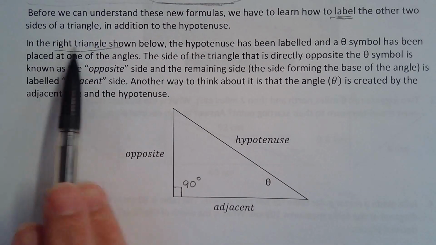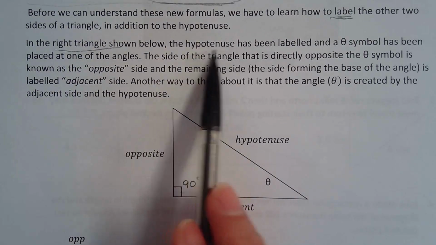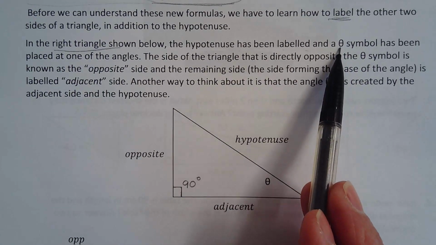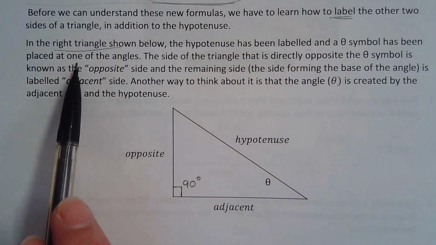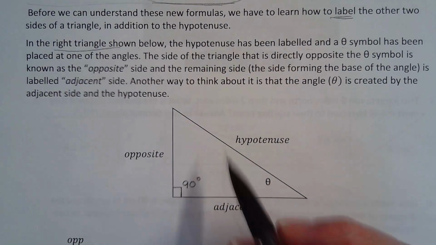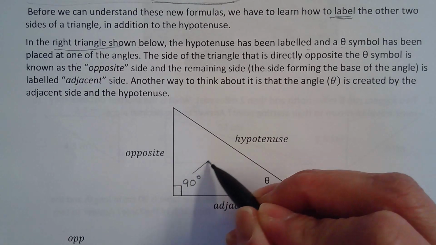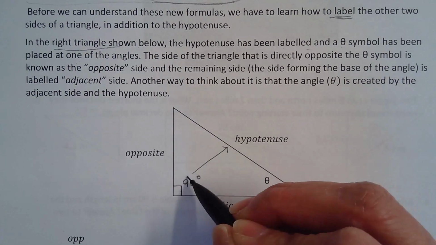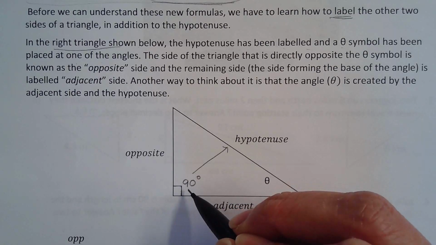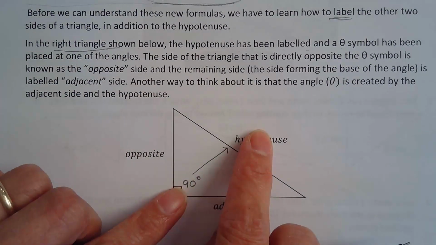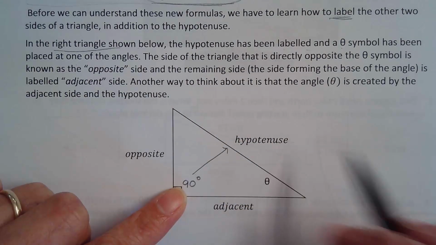So in a right triangle shown below, the hypotenuse has been labeled and a theta symbol has been placed at one of the angles. If this is the 90-degree angle, we said last time, right across from the 90-degree angle, that's called the hypotenuse.